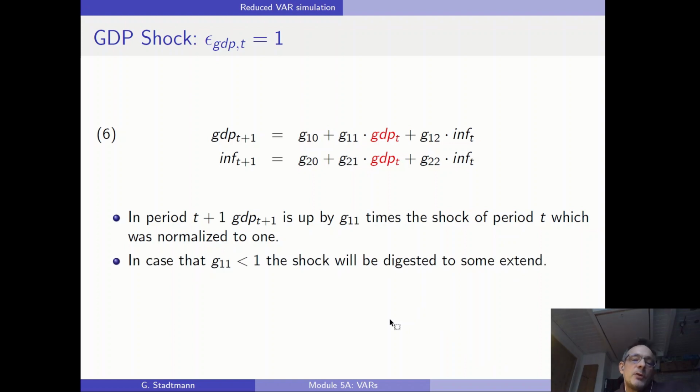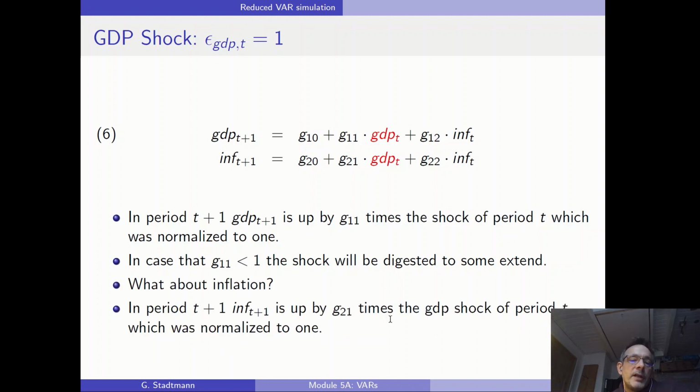In case that G11 is smaller than 1, then the shock will be digested to some extent. What about inflation? In period t plus 1, the inflation rate in t plus 1 is up by G21 times the GDP shock of period t, which was normalized to 1. So the inflation rate will be up by G21 units.